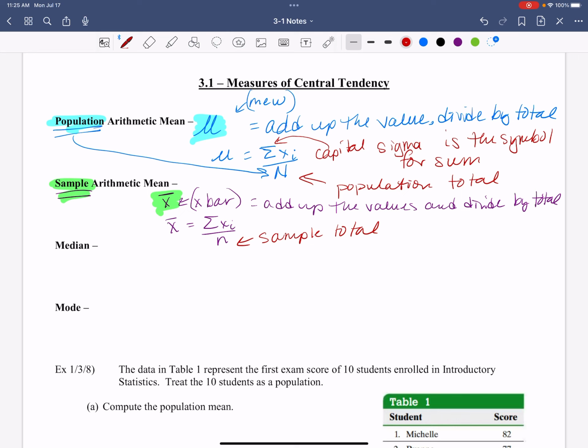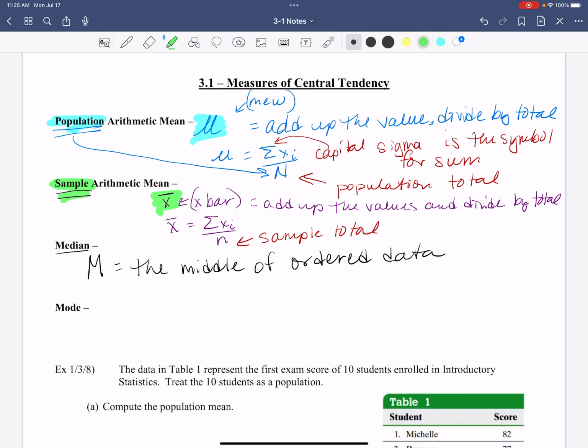So if I'm going to have a median, capital M is the variable that's typically used for median. And this is just the middle, median, middle. Now the key to this is it has to be of ordered data. It has to be in order.